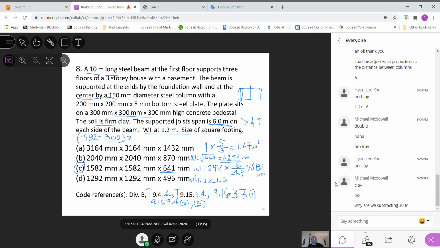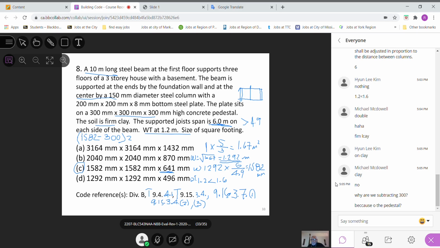Subtracting 300, get the thickness. Yes, right. The pedestal is further than the plate. Then we have to go from the pedestal. We have the pedestal here, then we have the plate on top.